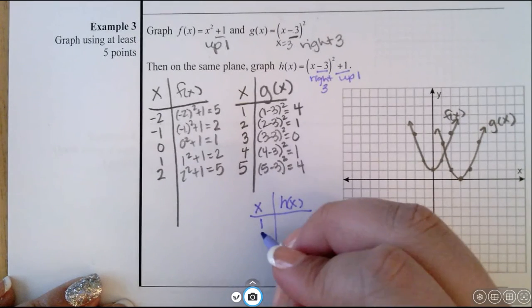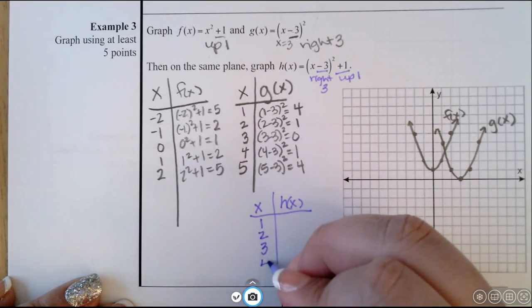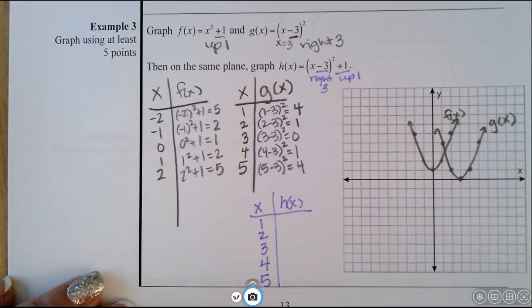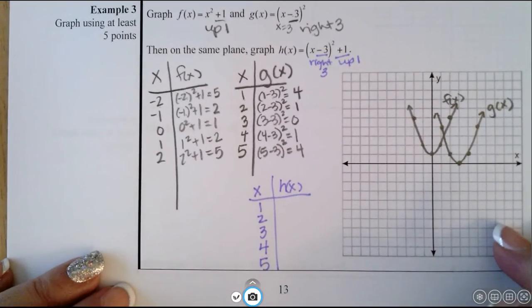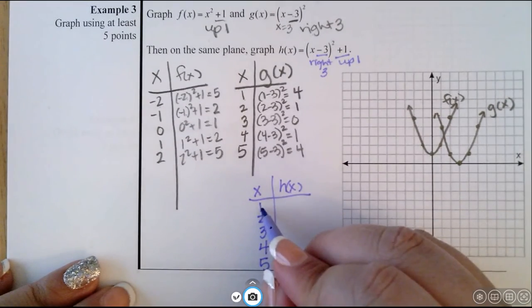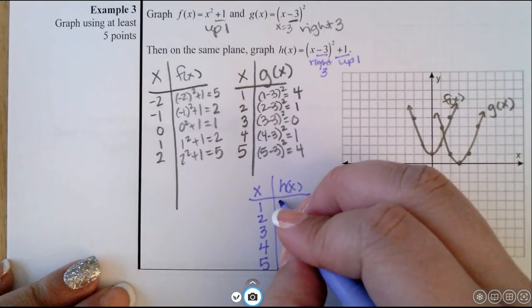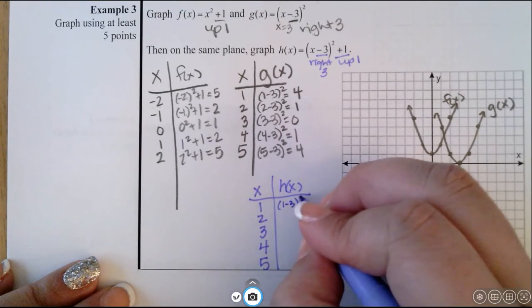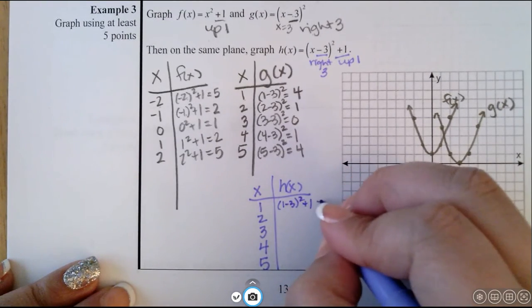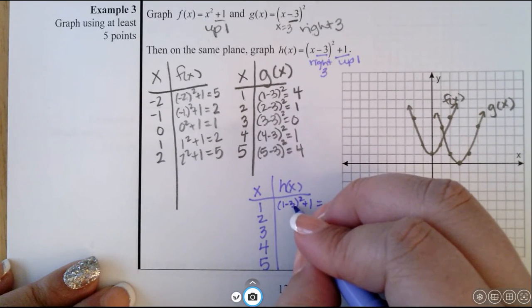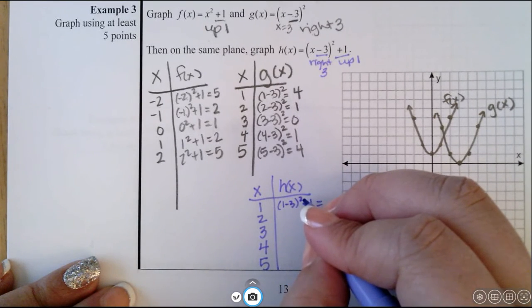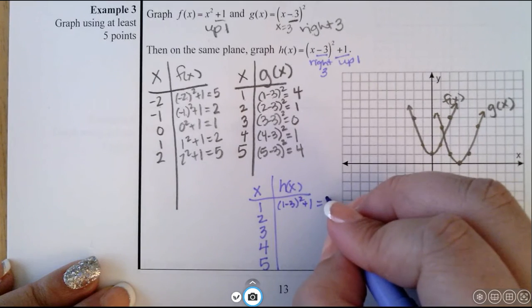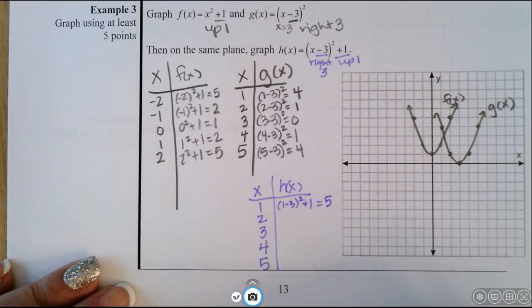We'll use 1, 2, 3, 4, and 5 again. When x is 1, h of x is 1 minus 3 squared plus 1. 1 minus 3 is negative 2. Squared is 4. 4 plus 1 is 5.